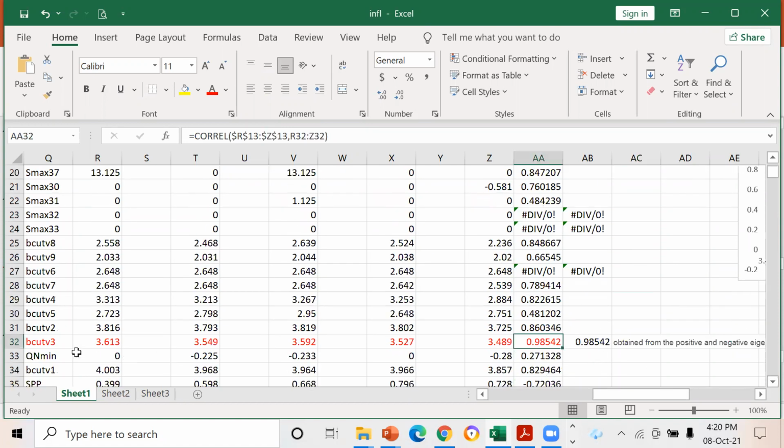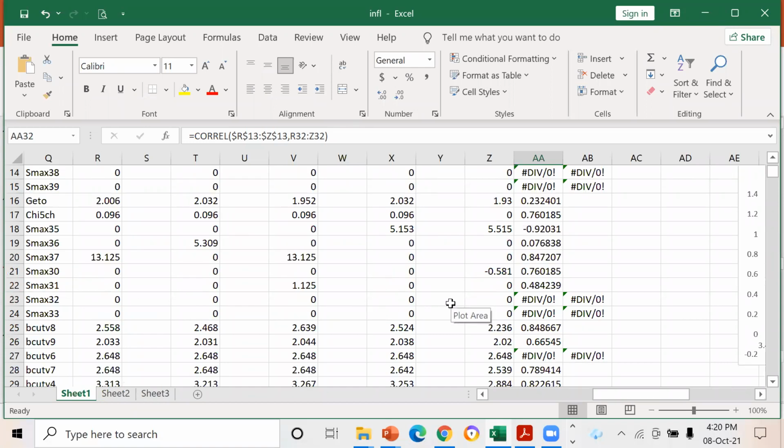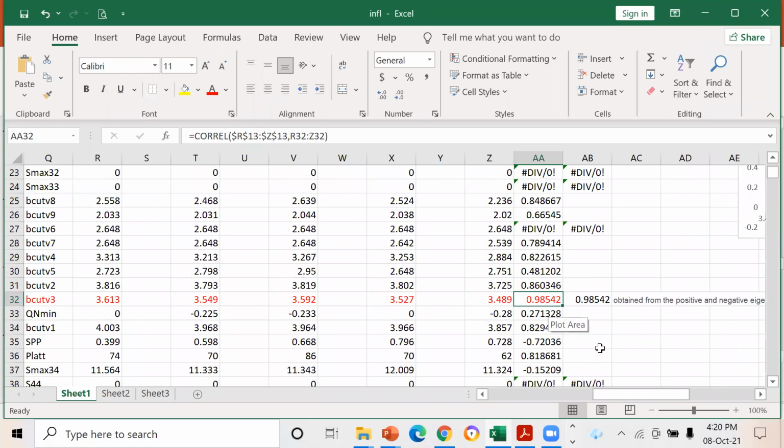So this particular descriptor, BCUT P3, and activity, you can see, correlate with 0.985 as a correlation. That's very good.